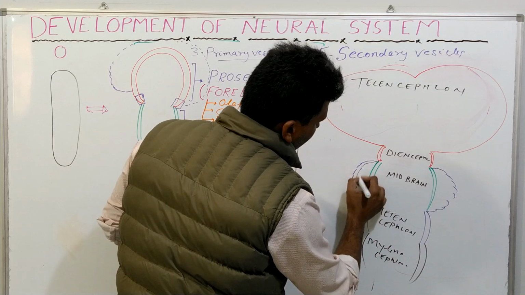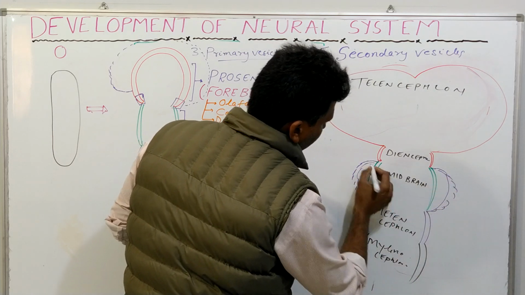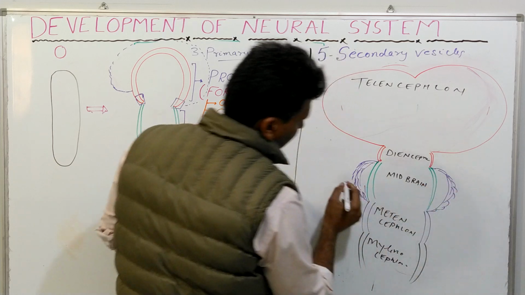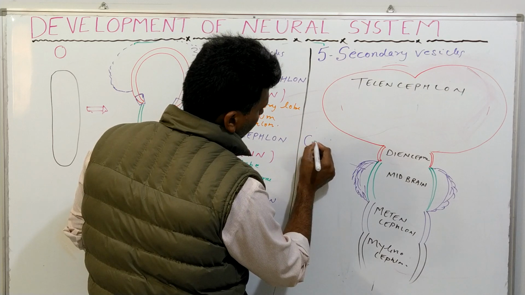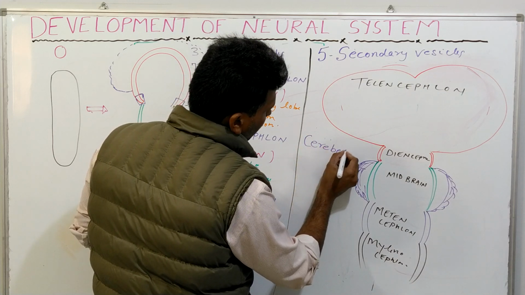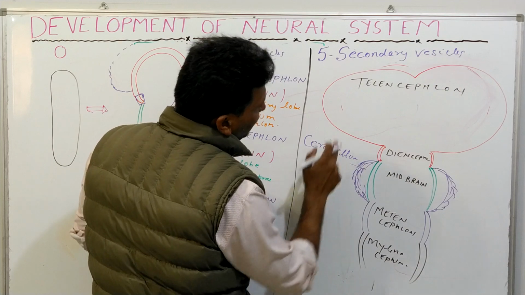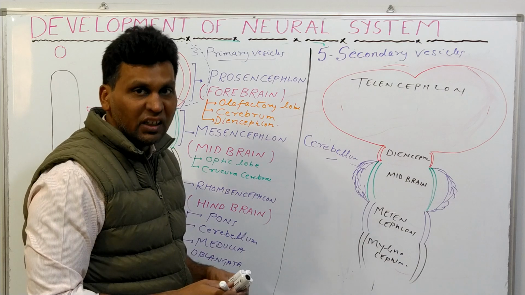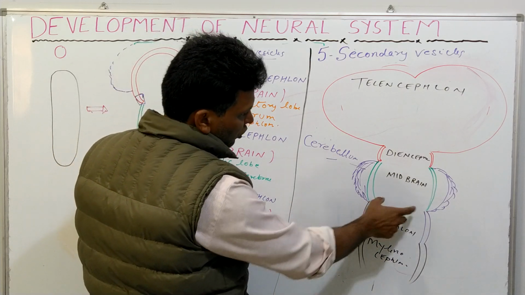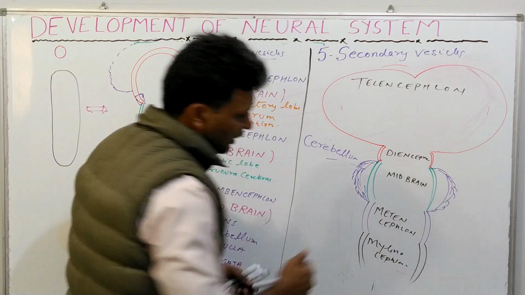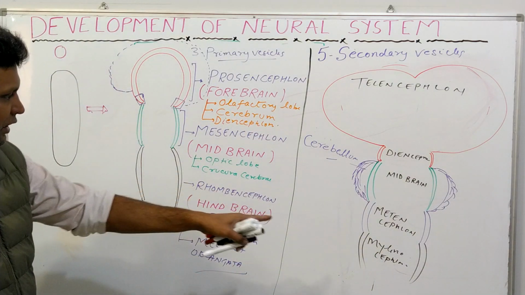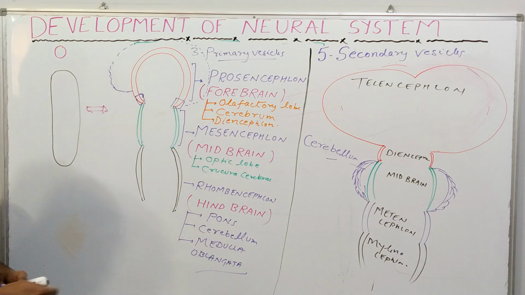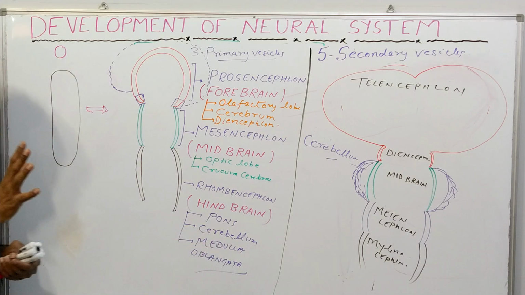These cells proliferate, and this is called your cerebellum. Very important structure, cerebellum. And the cerebrum is here, and this is the cerebellum. After that, 2 more structures from the rhombencephalon, that is metencephalon and myelencephalon, from where the pons, cerebellum or medulla will form. So I think it is very clear.